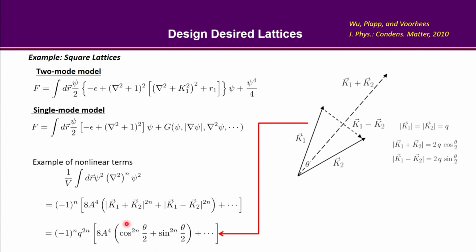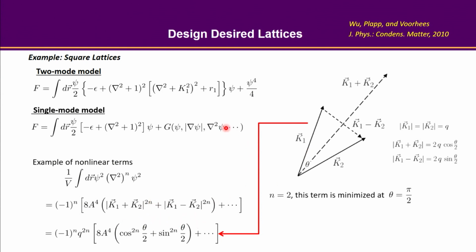It depends on the angle between k1 and k2. So for certain combinations, the system might favor certain angles which minimize the free energy contribution from this nonlinear term. It could be 60 degrees, it could be 90 degrees, it could be anything. That would depend on the details of this combination.